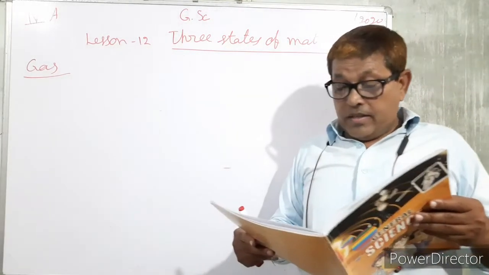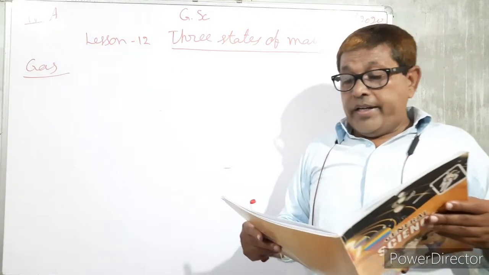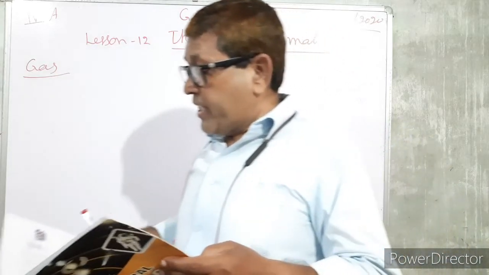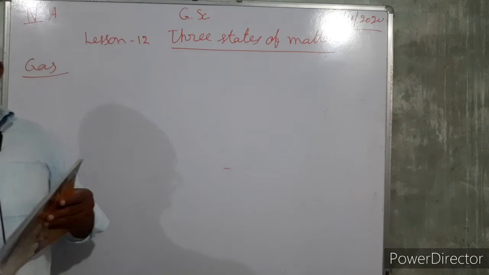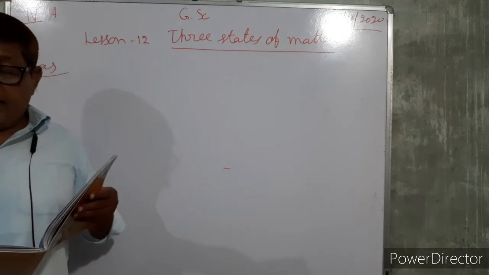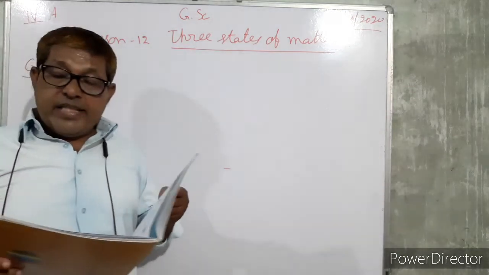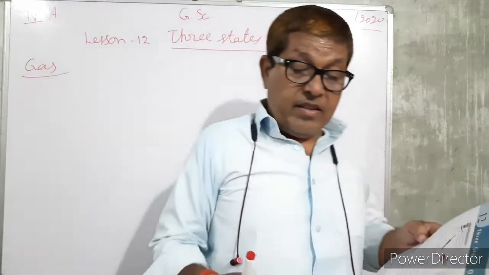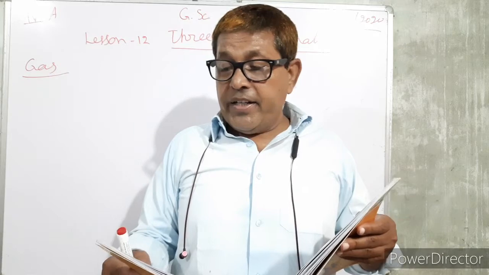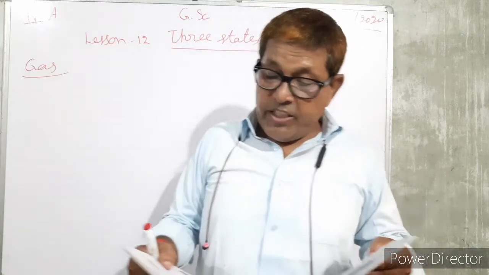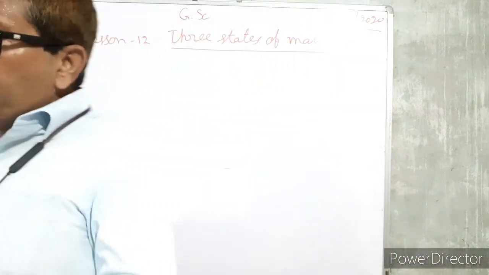A gas is a matter that has no shape or size of its own. We cannot see gas. Gases have no color. In gases, the molecules are wide apart from each other and are loosely packed.